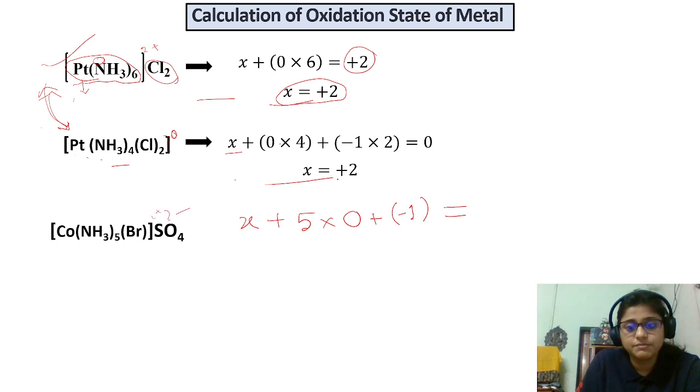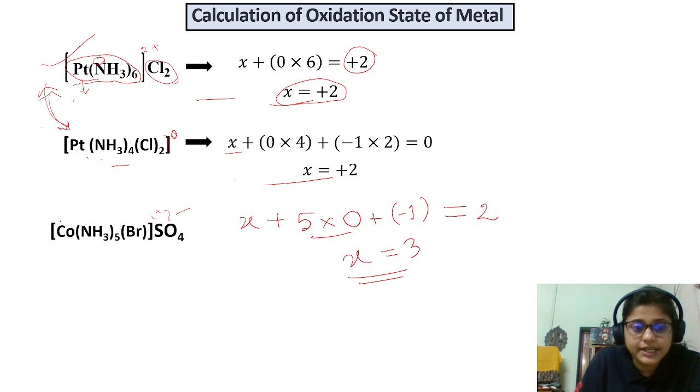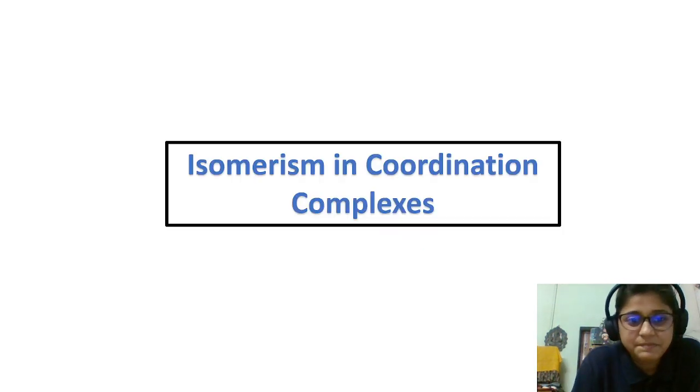So here 2 positive must be present. So 2 plus 2 will be 0, and X will be 3. So here the oxidation state of cobalt will be 3 plus. I hope you understood this because it is simple.